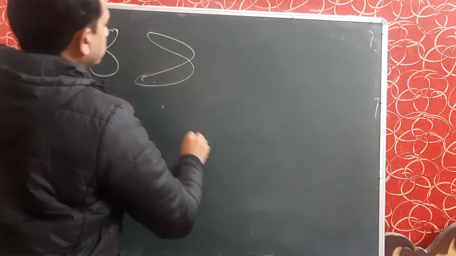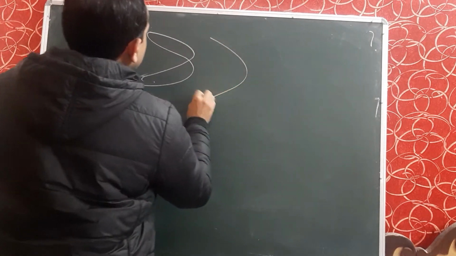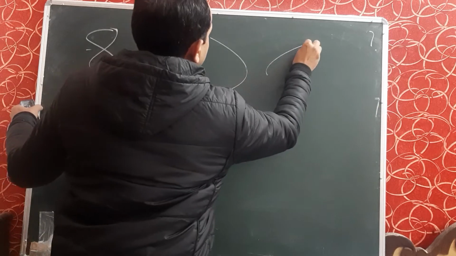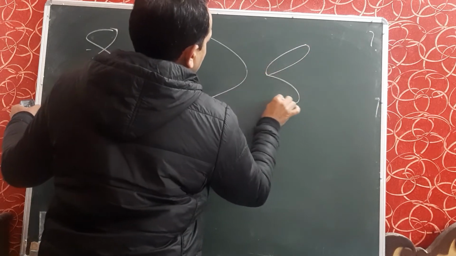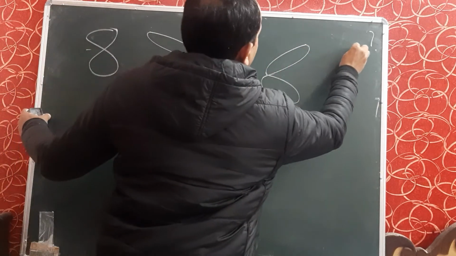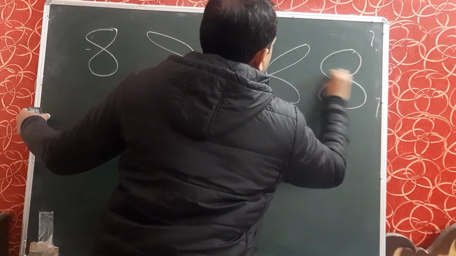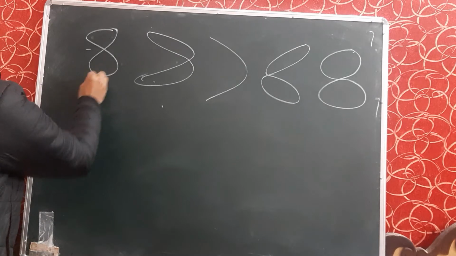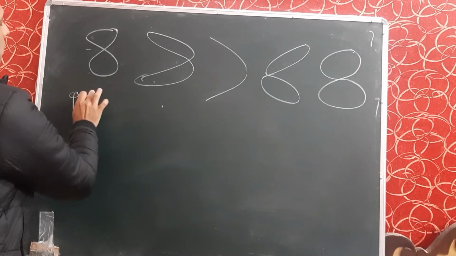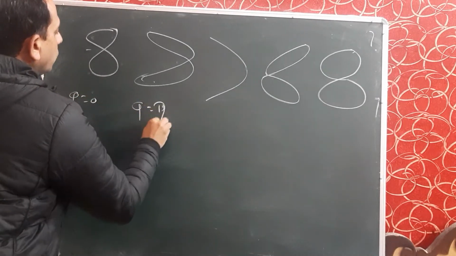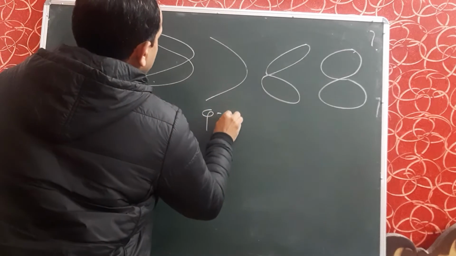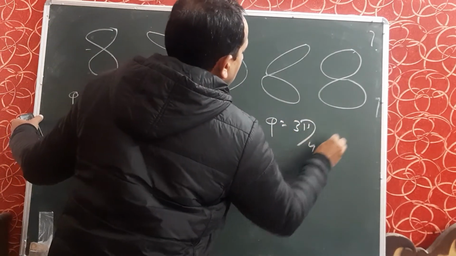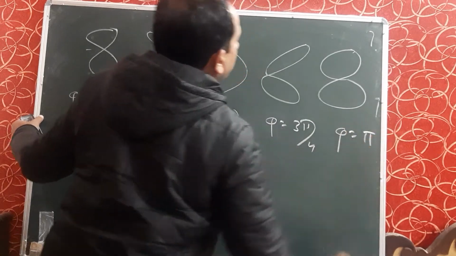Third one is just a single parabola, and in the fourth one the lobe is displaced along this side, and the last one is again the same. The first and last figures are the same. So this figure is for φ is 0, φ is π/4, φ is π/2, φ is 3π/4, and φ is equal to π.